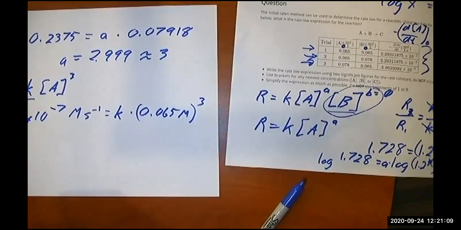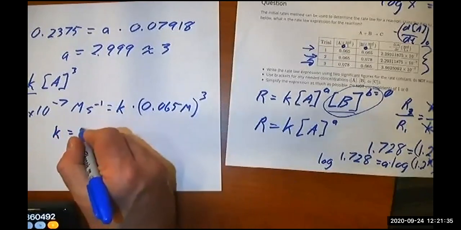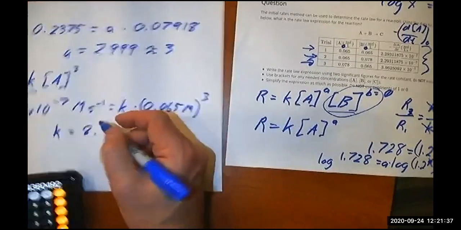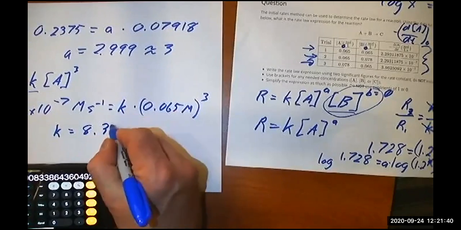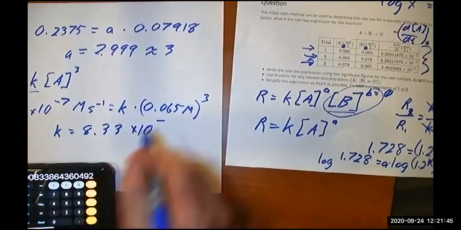We have 0.065 cubed, 2.29 times 10 to the negative 7. And because I divided them the other way around, I take 1 over that, and we find that K equals 8.33 times 10 to the negative 4.